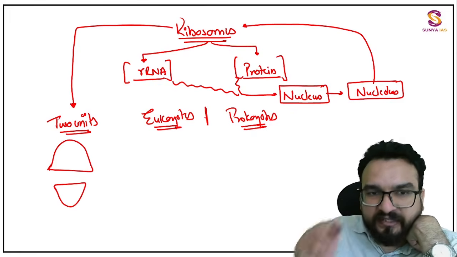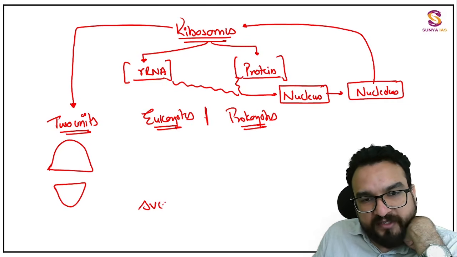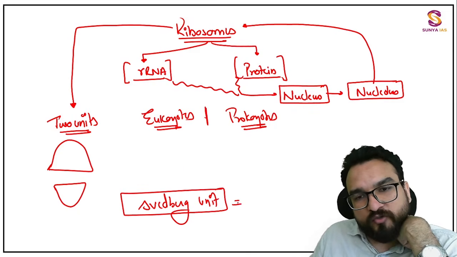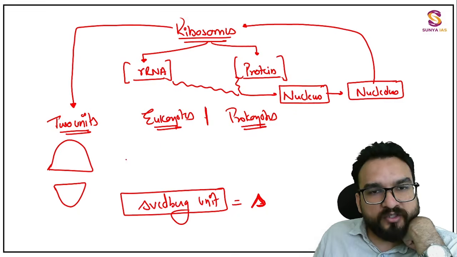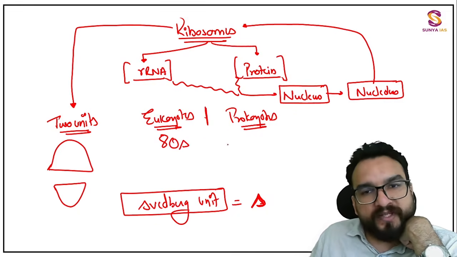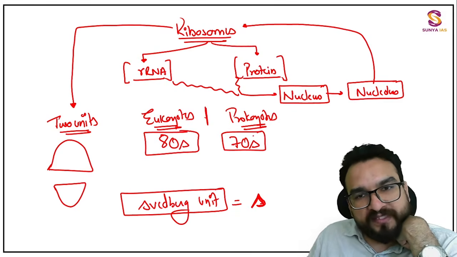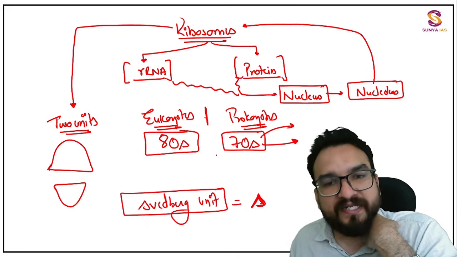Over here there is the Svedberg unit, the unit for measuring ribosome weight, a sedimentation unit. That's why in every ribosome you will find this S attached. In eukaryotes 80S ribosome is found, whereas in prokaryotes 70S ribosome is found. Now you must be understanding why in mitochondria and plastids, chloroplast, I was telling you 70S is present.